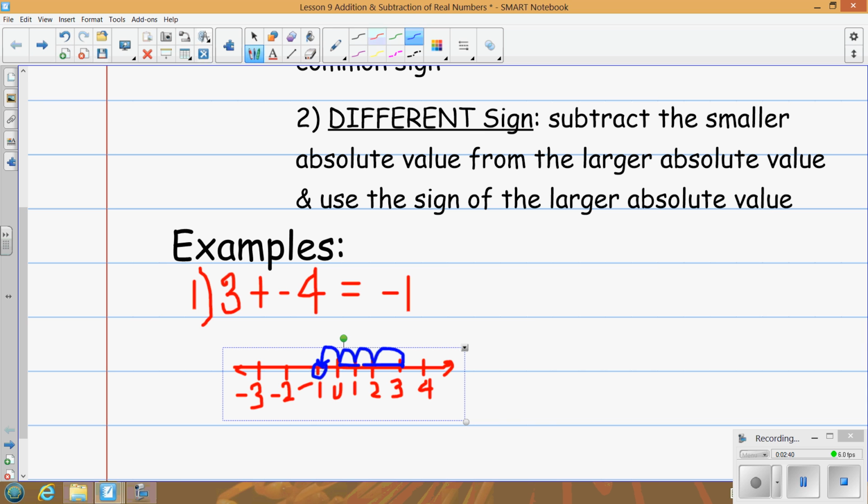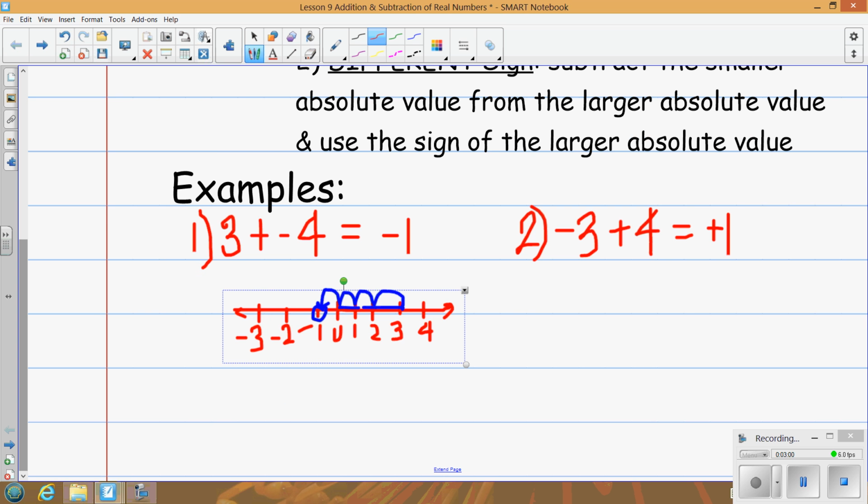Let's look at some other examples to show you. So if we have negative 3 plus 4. Different signs, so subtract the values, you get 1, and then look at the larger number. The larger number is 4, it has a positive, so this is going to be positive 1. What if we have negative 3 plus negative 4?